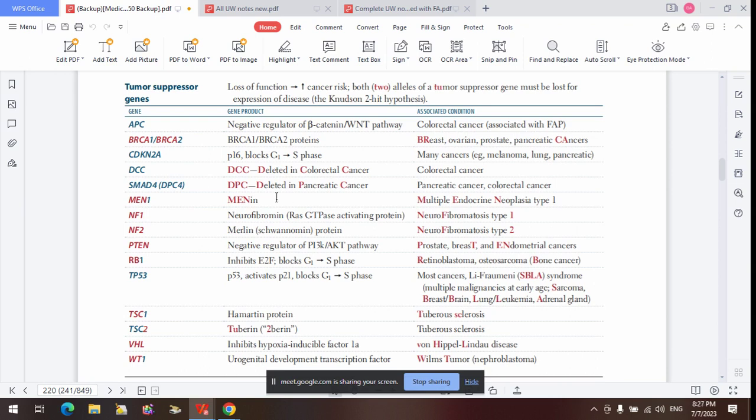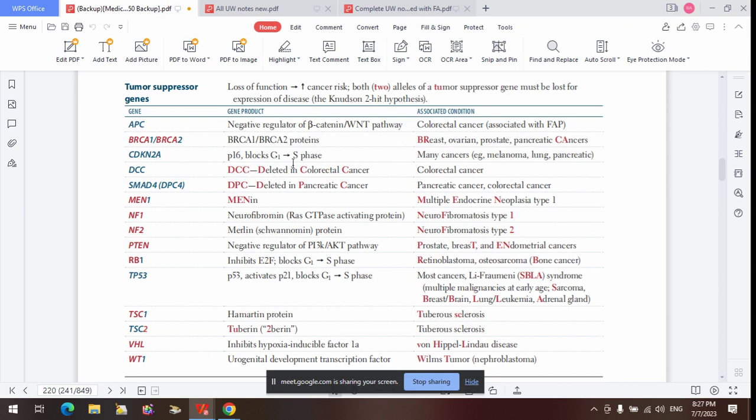Menin has so many roles, and one of the roles of menin is working like CDKN2A. So it can also express P16 and block G1 to S phase progression. So someone that doesn't have the MEN1 gene, maybe it's deleted, cannot code for this menin protein, so there's no way they can produce P16 to block G1-S phase.